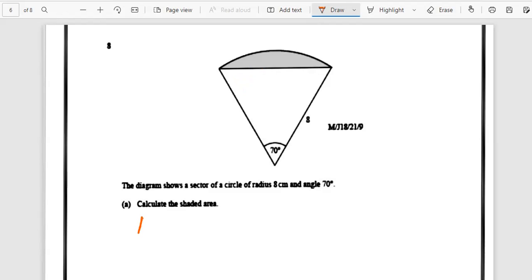Let's find the area of the sector first. What is the formula? The formula is theta divided by 360, because the angle is 70 degrees. Okay, so I will pick up the angle in degrees, multiplied by pi r squared.